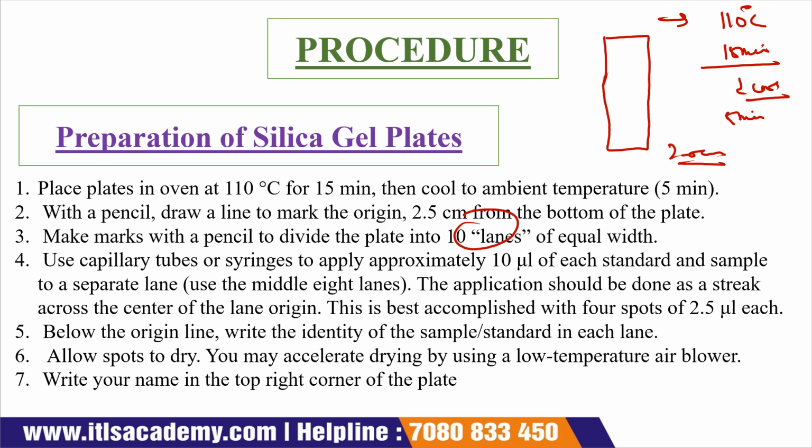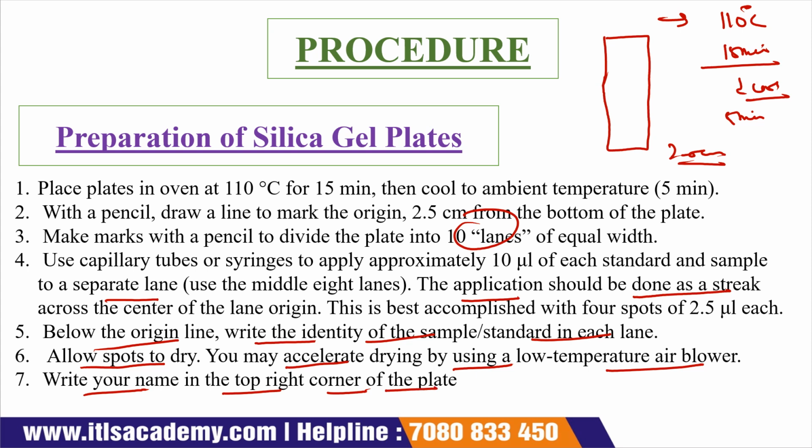Now with the help of a capillary tube or syringe, we apply 10 microliter of standard and sample to separate lines, and application should be done as a streak below the original line. Write the identity of the sample standard in each line. Allow the spot to dry.